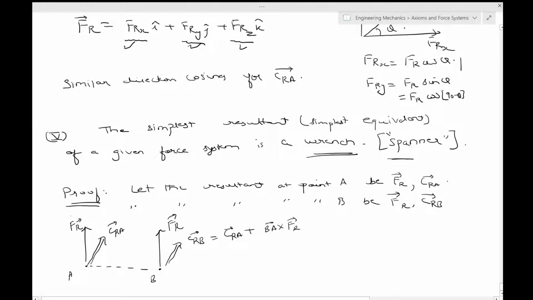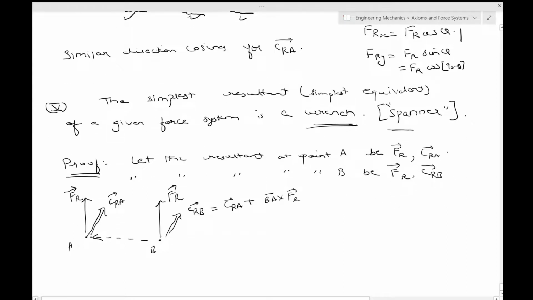When we say FR, we refer to this particular resultant force. So BA is over here, cross FR. Let's write MB is equal to CRB. This is equal to CRA plus BA cross FR.